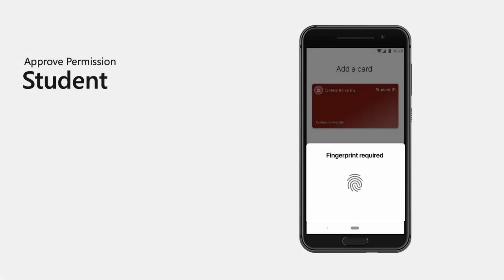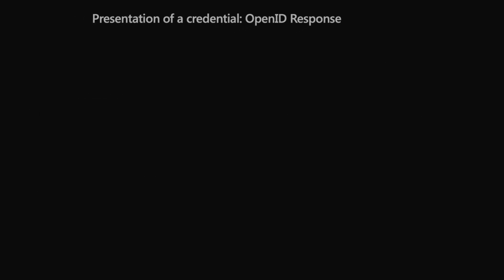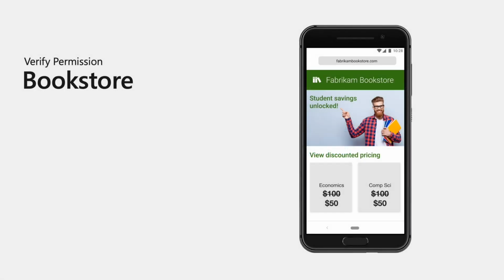Upon approving it, the response is then sent over to the bookstore, and Fabrikam Bookstore is able to match the person presenting this credential and the DID of the subject to be the same. Therefore, only Alice would have presented this, which is significantly better than possession of a username and password. Finally, she gets a discount.